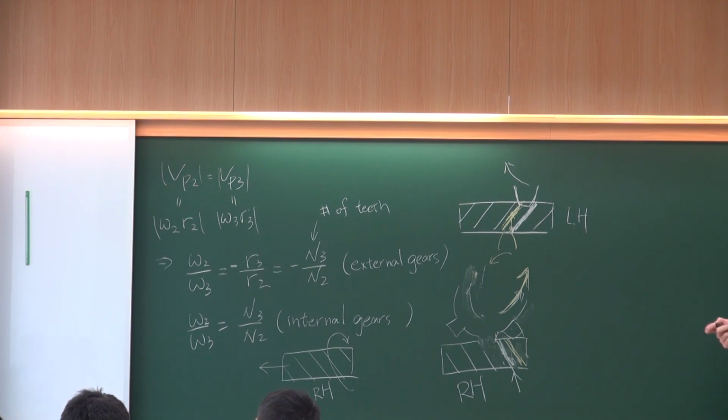Now, right now, this right hand one and left hand one, they're rotating in the same direction because one is put on the top, one is put on the bottom. So that's why they are rotating in the same direction. If I move this gear to this location, then these two should rotate in the reverse direction.